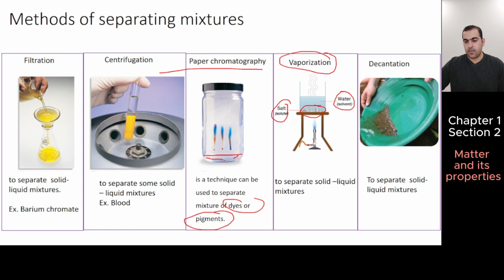Decantation is for heterogeneous mixtures, when solids and liquids form two phases, and you see all the solid particles at the bottom, so you can just pour carefully, and the solid is going to be left behind.